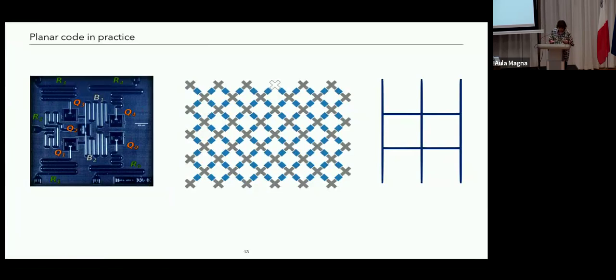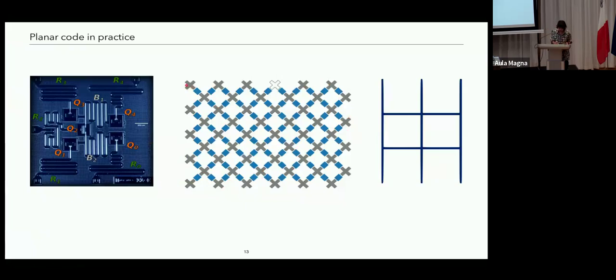So this, I think, is an IBM chip, very old, only four qubits, or five, sorry. It's exactly a plaquette. This is the 2019 Google layout of their Nature quantum advantage experiment.